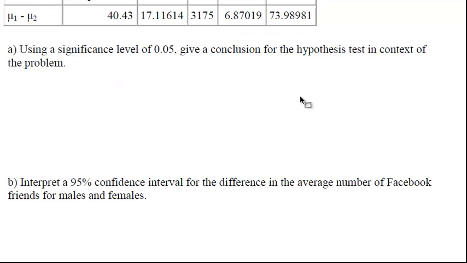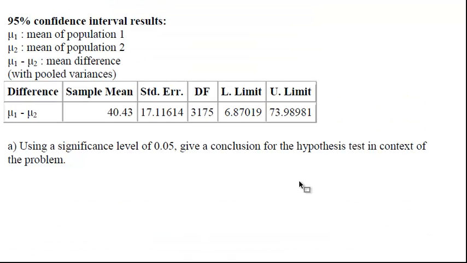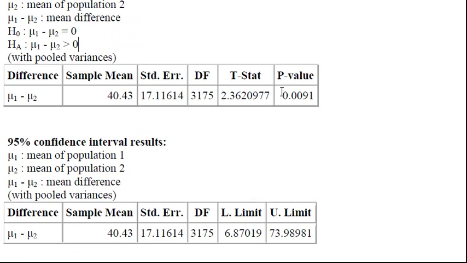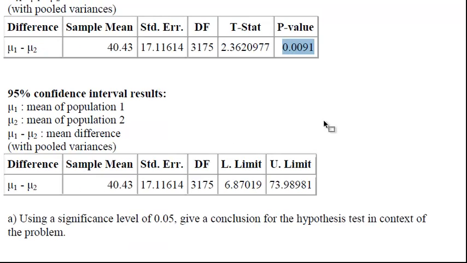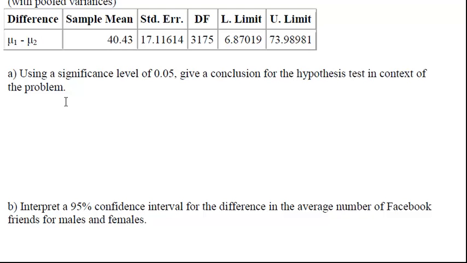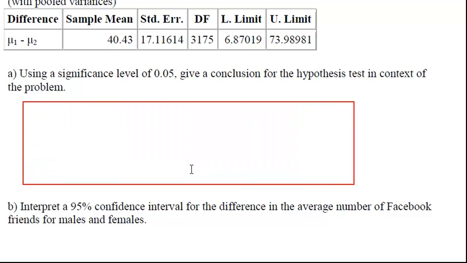And let's see. So we want to give a conclusion using a significance level of 0.05. So here's our p-value right here. It's labeled p-value in our table. Here's our test statistic if that's what it's asked for. So our p-value is less than 0.0091. I'll write the conclusion down here.